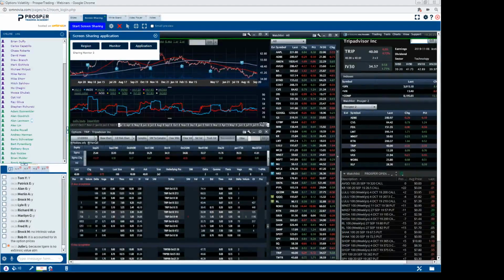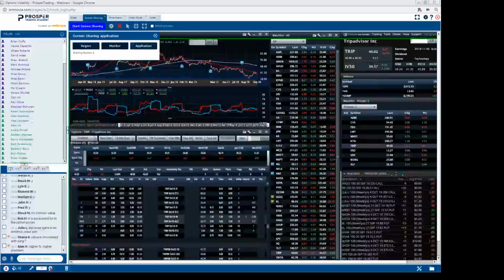Or you can look at it the other way and say the option prices are reflected off of the implied volatility. No, Julie, it's all extrinsic value at the money, no intrinsic value. Alan's is on the right path here.